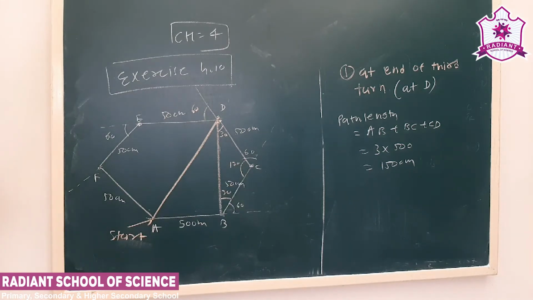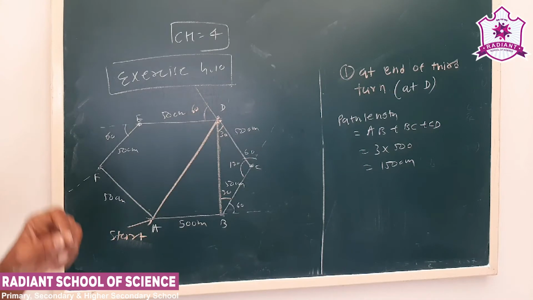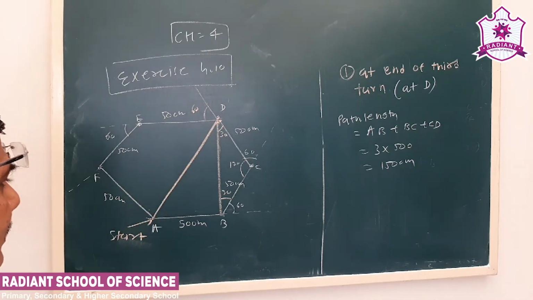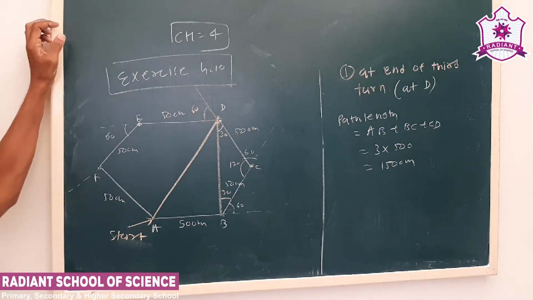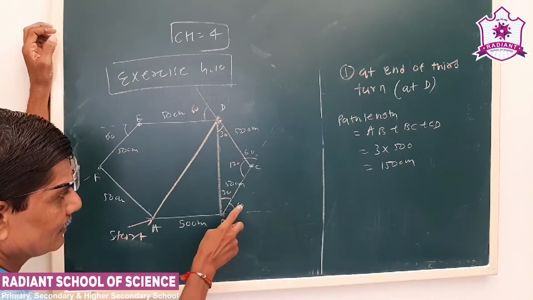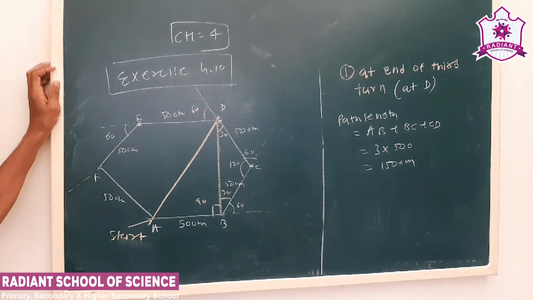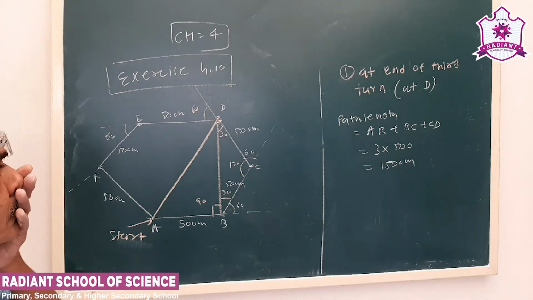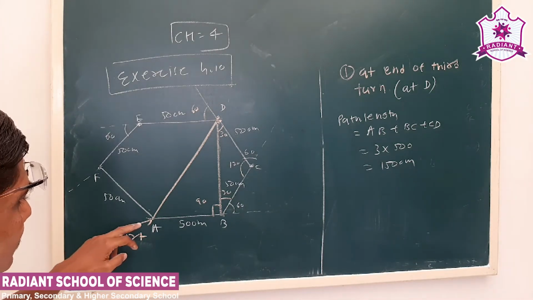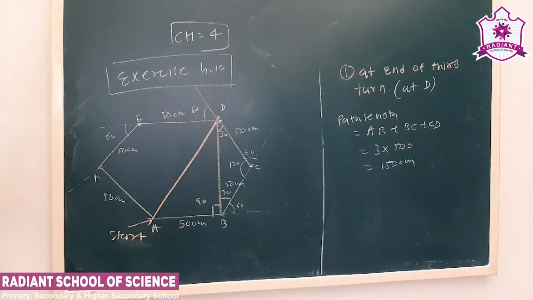We want to calculate the length AD here. Suppose I get BD. Now this is 30 plus 60, 90. This will be 90. So if I obtain this length BD first, then we can use the right angle triangle.